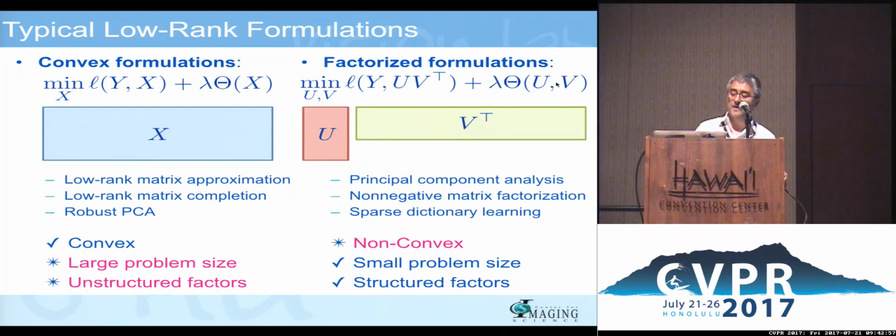And the difference among them is what type of regularization do you put in the factors. For instance, if you want to do sparse dictionary learning, typically you want sparse coefficients. So you might put a sparse L1 penalty on the V matrix in here. The challenge is, however, that this problem is non-convex, and it's non-convex because of that matrix multiplication that you put over there. Okay, so that's the source of non-convexity.